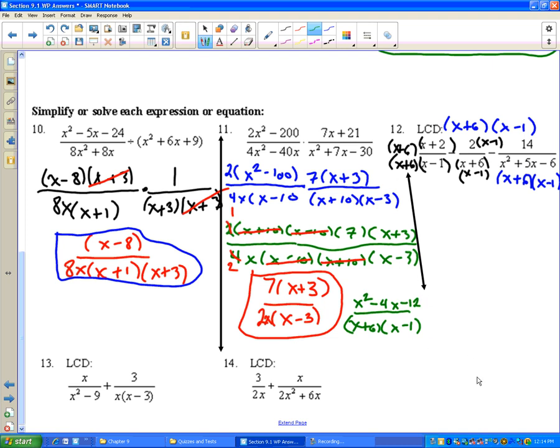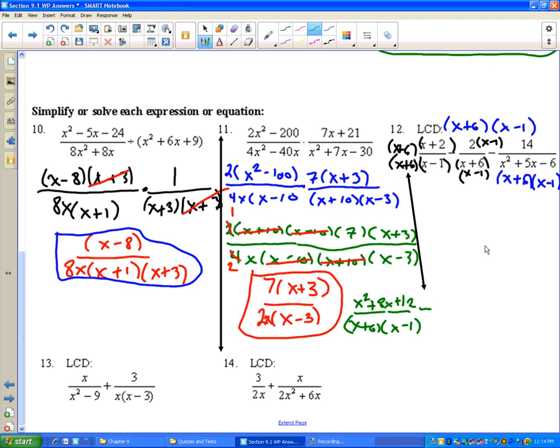Now this is an x plus 6, so let me back up. That was a mistake. So first is x squared, outer is 2x, inner is 6x, so that's going to be 8x. And then 6 times 2 is 12, so plus 12. Okay?